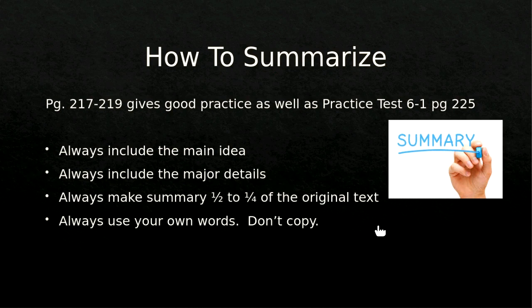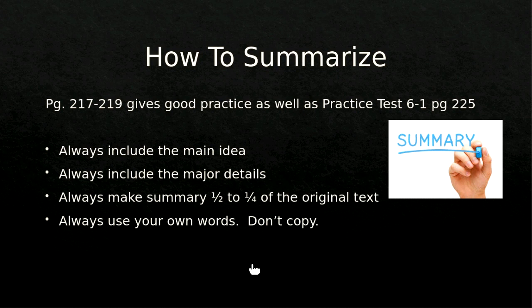And then the last point is always use your own words. Don't copy. Some students are like, oh, I can do this summary, let me just pick out a couple of sentences from the original. No, you cannot copy in a summary. You have to condense it, revise it, make it smaller, make it shorter.